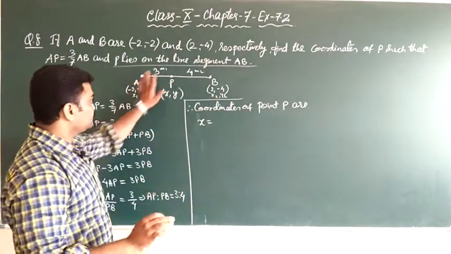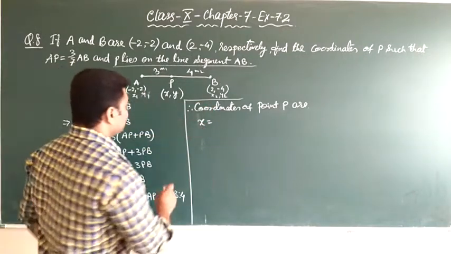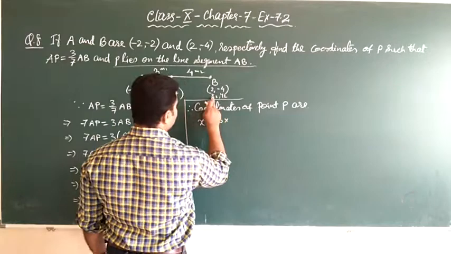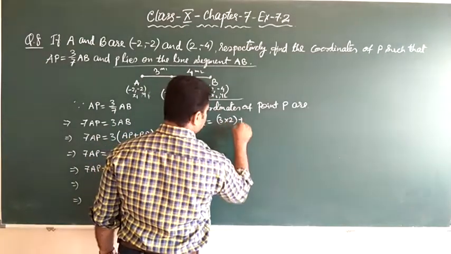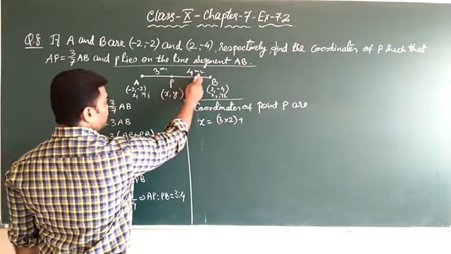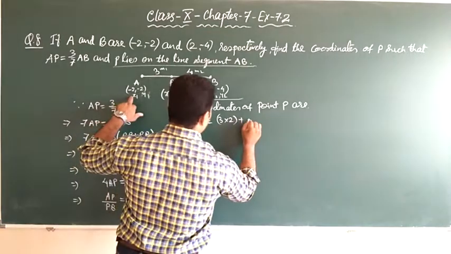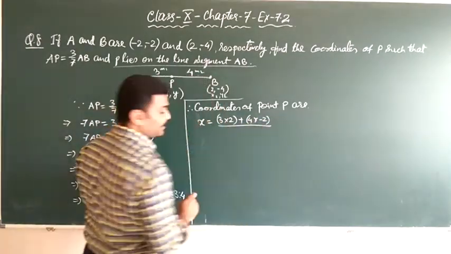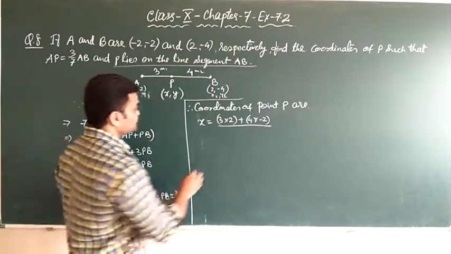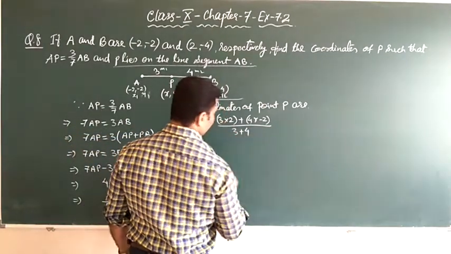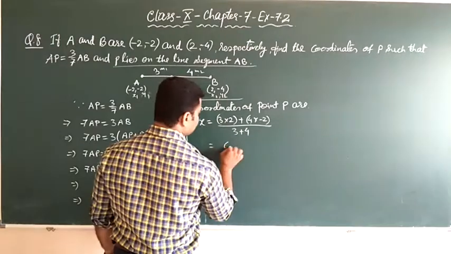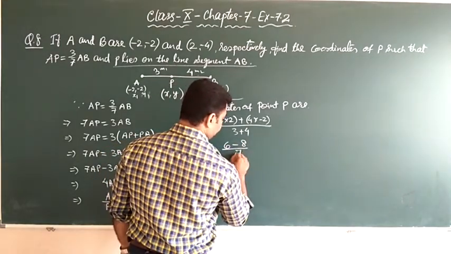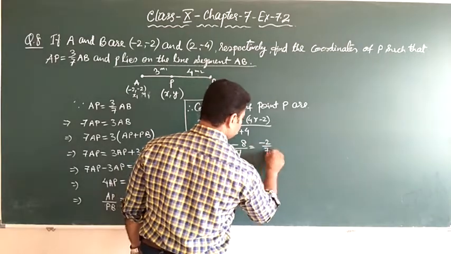We have all values. Now x is equal to m1 x2, that is 3 into x2, 2, plus m2 x1, that is 4 into -2, whole upon m1 plus m2, that is 3 plus 4. That is 6 minus 8 upon 7, that is -2 upon 7.